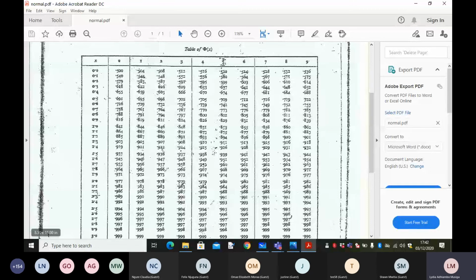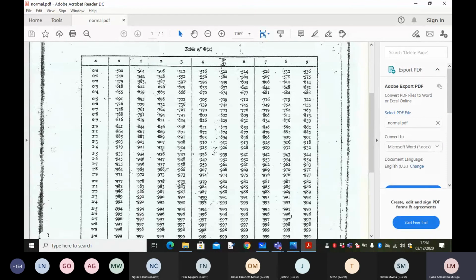What can I see to the left? I'm seeing 2.3, so it can be 2.31, 2.32, 2.33, or 2.34. If you wrote any of those values, you are correct.